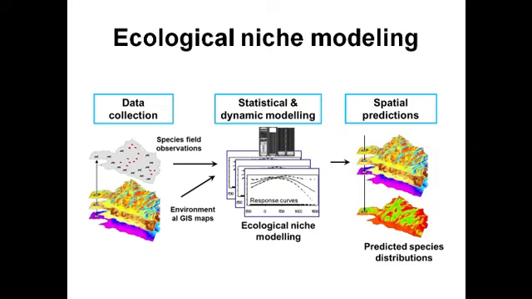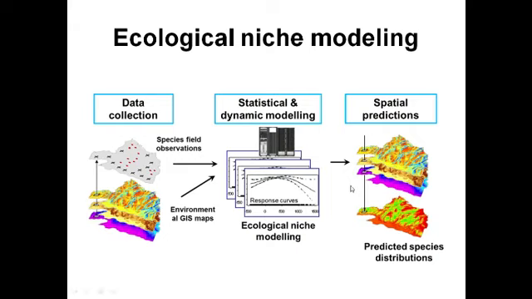Or we can predict what's going to happen to the distribution of this species if the rainfall of this region dropped by 100 millimeters. Or what's going to happen if an invasive species invaded this habitat. So this is a very useful tool in ecology because it gives us the power to predict future scenarios.